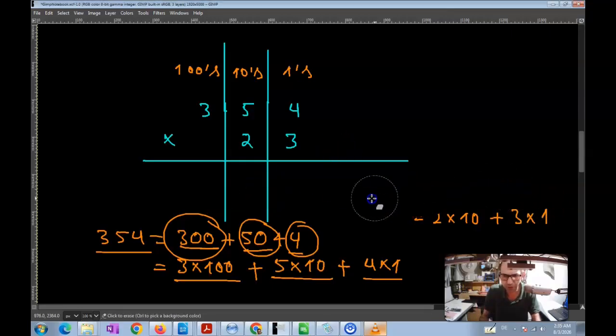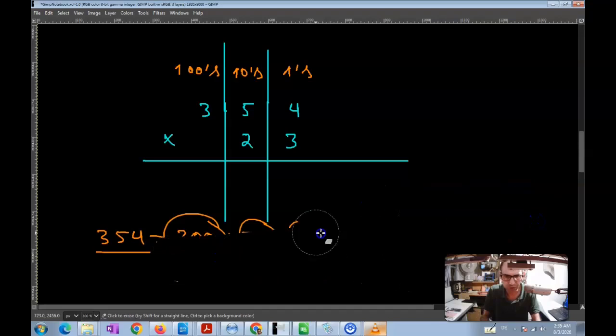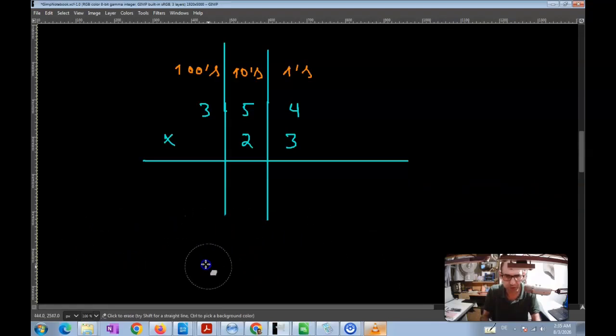Now in order to see how this works, I'm going to write down the numbers this way.